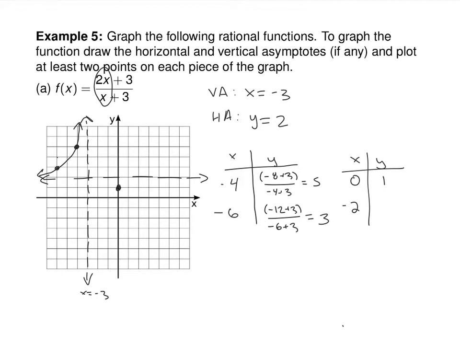When you do that, you get -4 plus 3 over -2 plus 3, which will be what? I think it's -1 over 1. So go back 2 from the origin, down 1. And there's your picture.